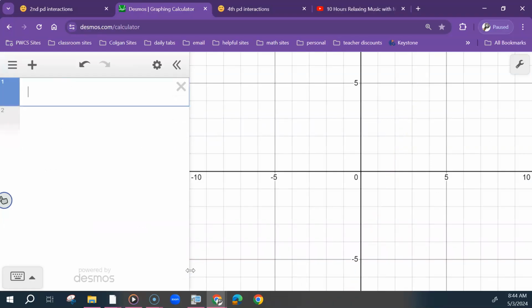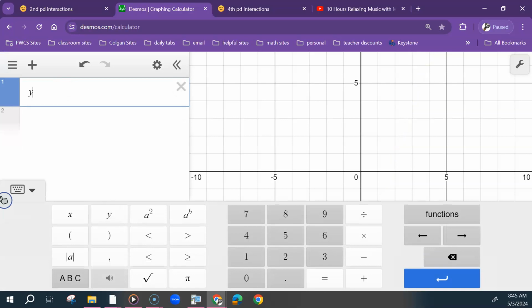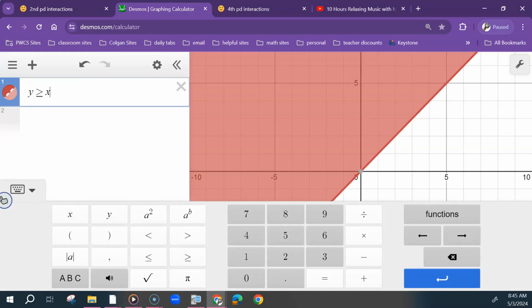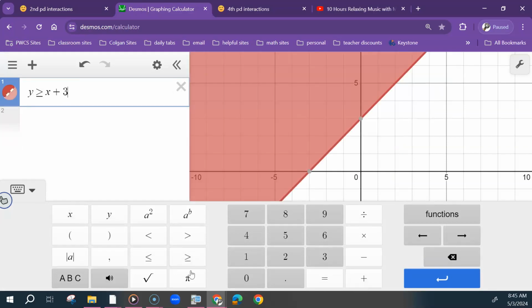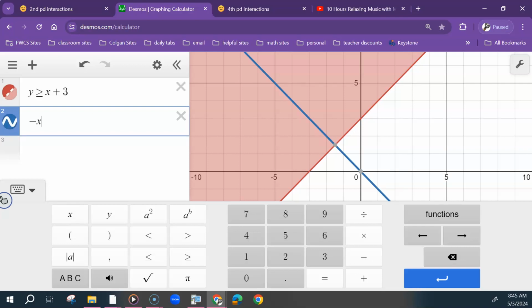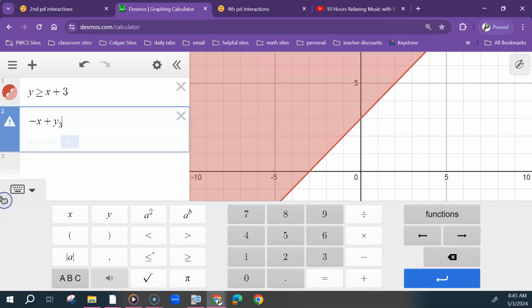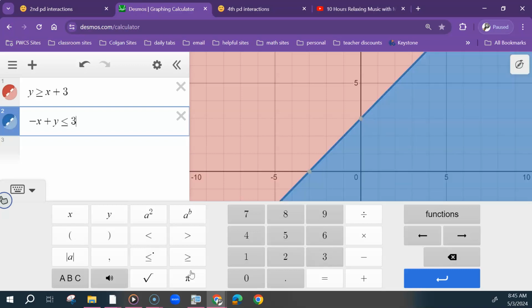And I'll type in D first. So we know it has to overlap this. So if I put in E, that's the other side, so it wouldn't be that one.